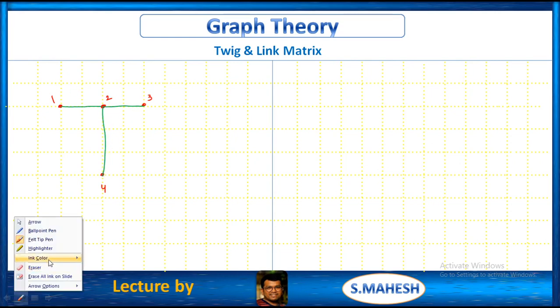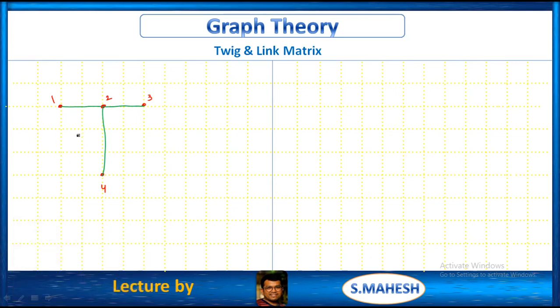The remaining branches are completed. These are nothing but links. So links completed, twigs also completed. Twig is nothing but any branch of a tree.